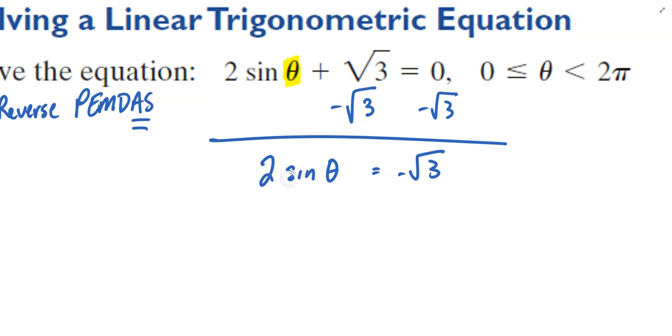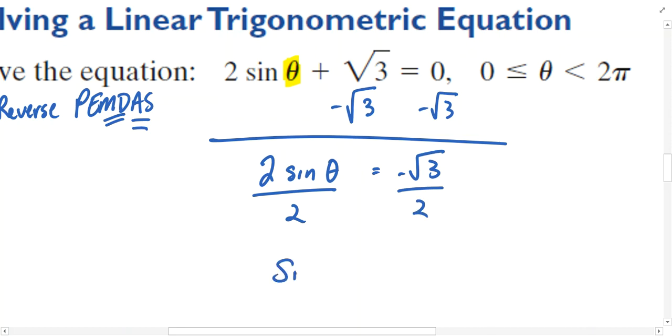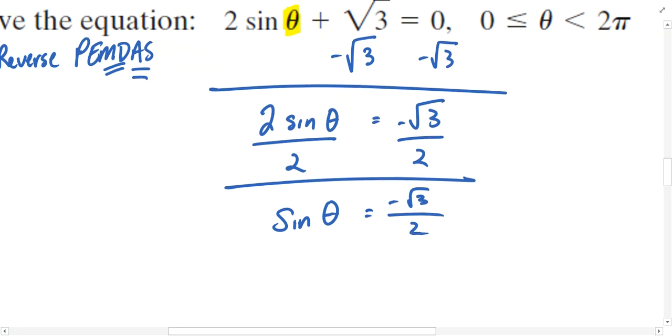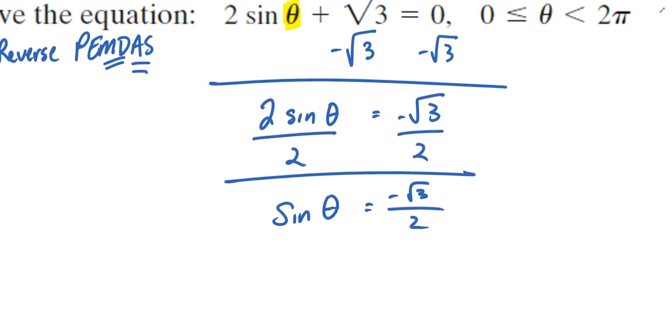And it doesn't look like there's any more addition or subtraction necessary to isolate this variable, so I'll move on to multiplication and division. And certainly I can divide both sides by 2, and that's going to leave me with sine theta equals negative radical 3 over 2. Now, as I said a few moments ago, trigonometric functions essentially operate on the same level as exponents. So I'm here now, and I would solve the exponent position last.